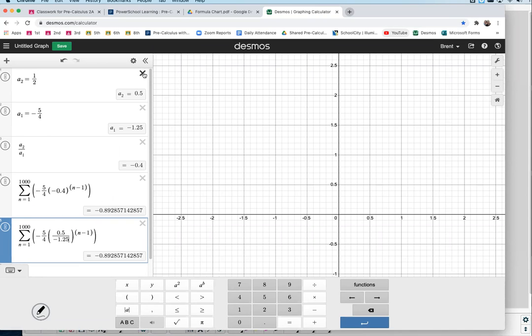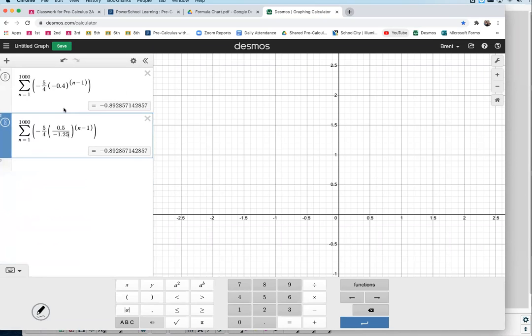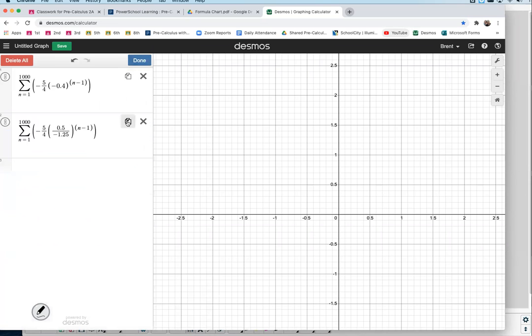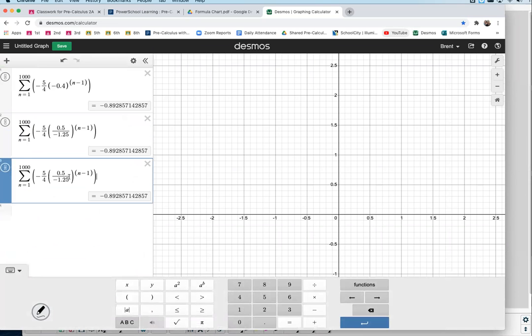What's tricky though, so let me erase this now, is if you try to do it all at once with a fraction divided by a fraction, like if I would have come to this common ratio, just said, oh, that's 1/2 divided by negative 5/4 and typed it in like that, notice that the formatting gets off and so it doesn't give you the correct answer. This does not match. And so it's very important that when you deal with the ratio that you get it correctly.